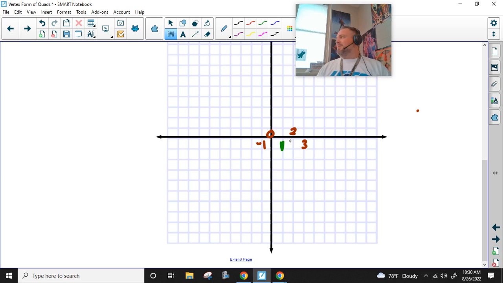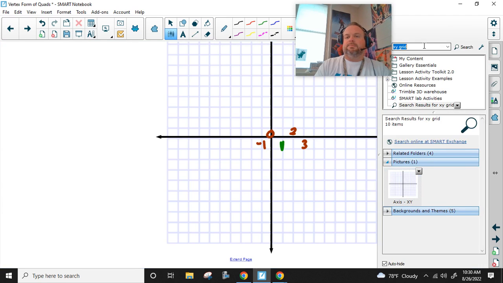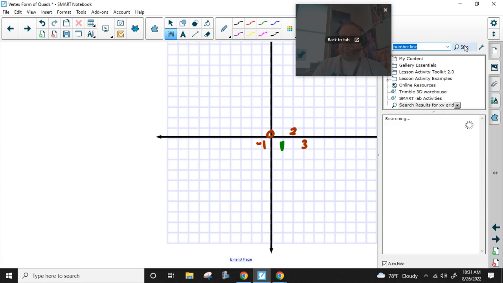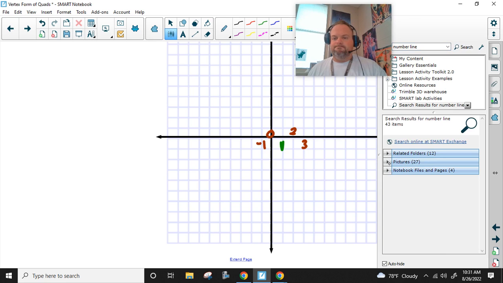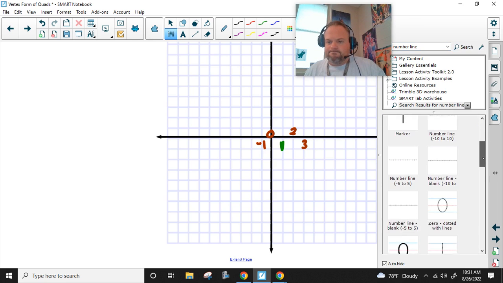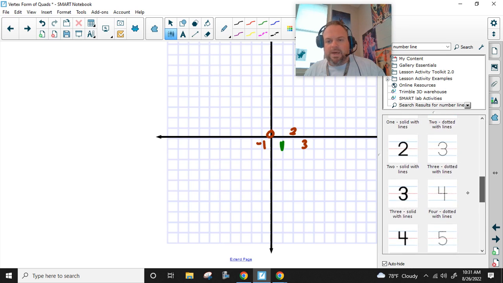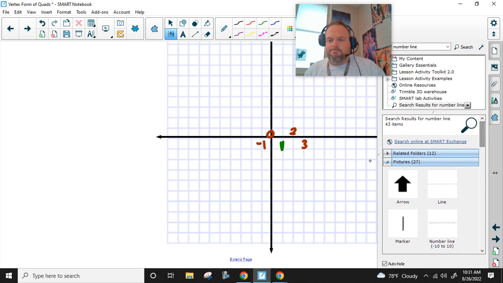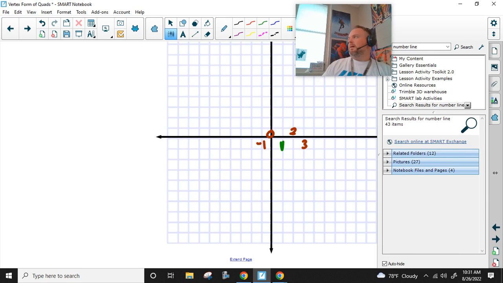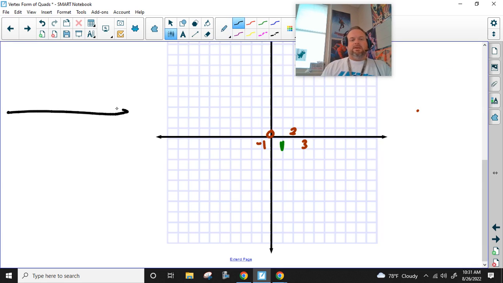I had to write them like that because my handwriting's bad. All right, look, I have a number line.